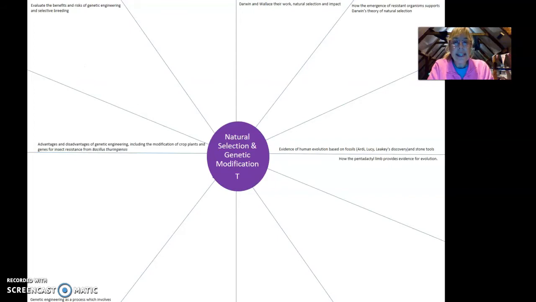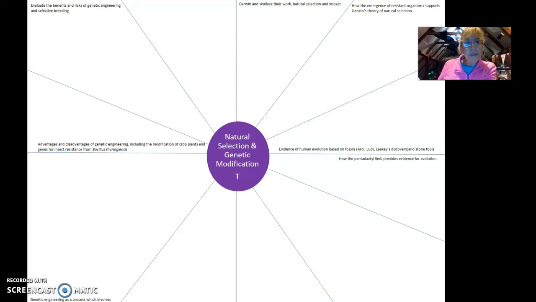The idea is that you spend 5 minutes on each segment. So to start off with, if we go to this bit, Darwin and Wallace, their work, natural selection and impact. So in the textbook, what you're going to do is look at the first couple of pages, and you'll see there's quite a bit about Darwin's theory on page 78 and 79.